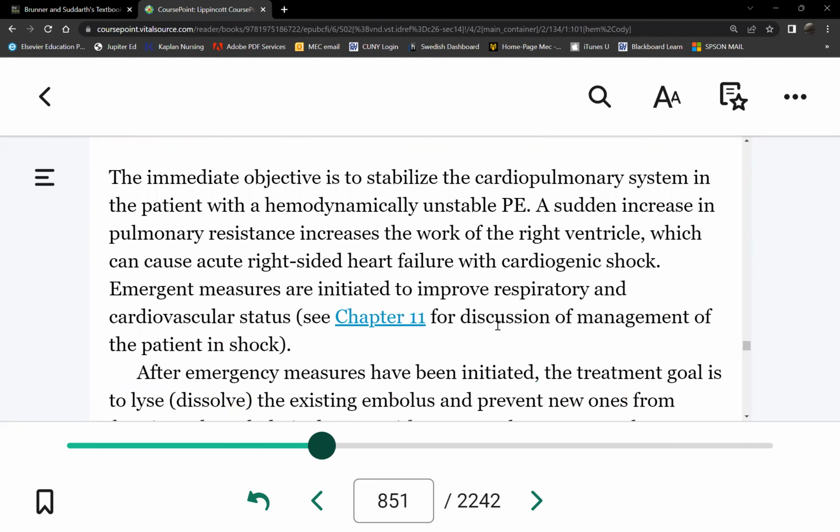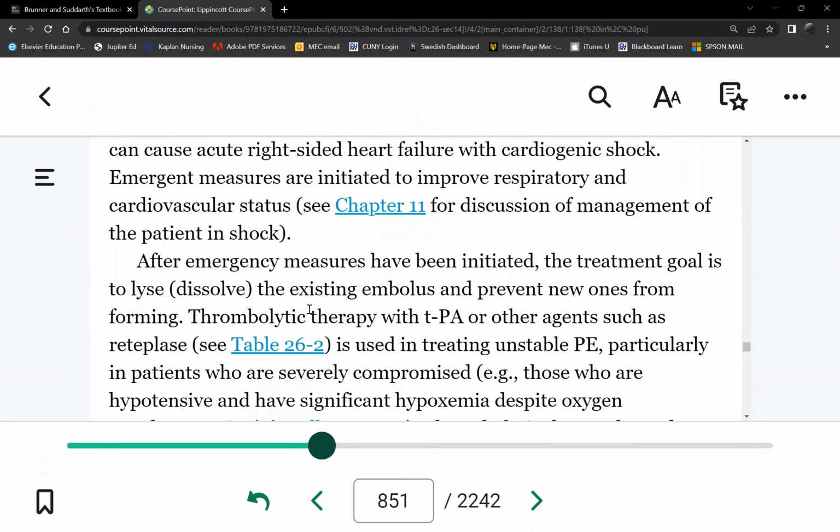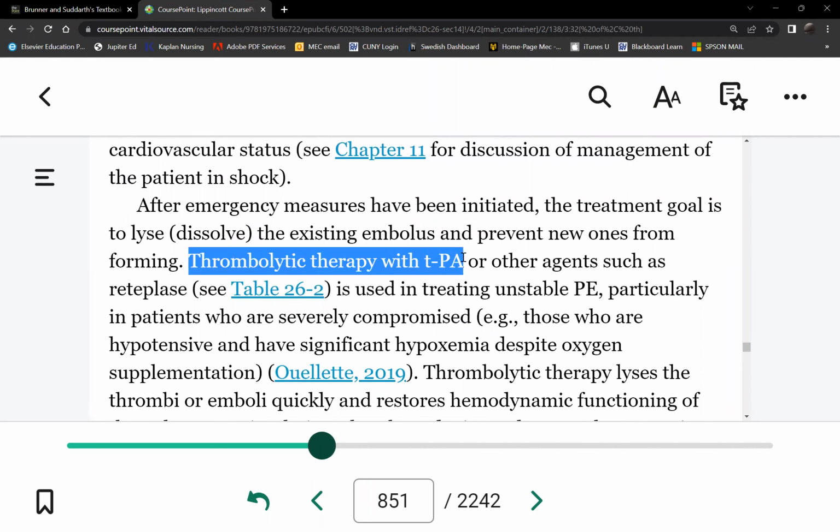So for massive PE, the patient again is hemodynamically unstable. They go into cardiac arrest, and severe pulmonary hypertension results. The patient goes into right-sided heart failure with cardiogenic shock, so that's why it's obstructive shock. The treatment there will include thrombolytic therapy, the same tPA, the same alteplase we use for the stroke patient.